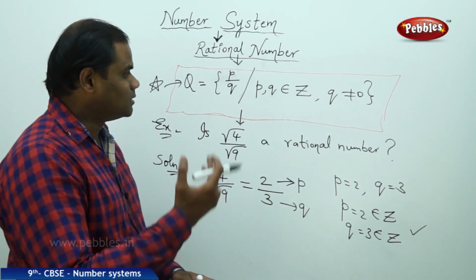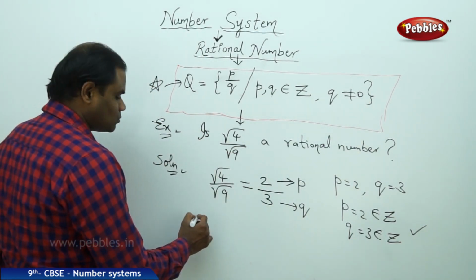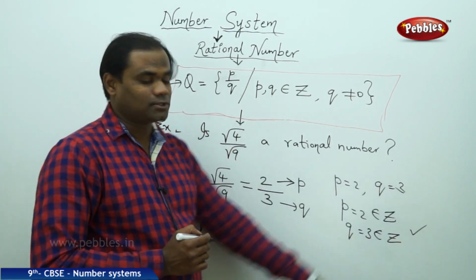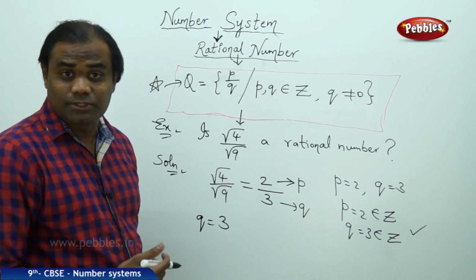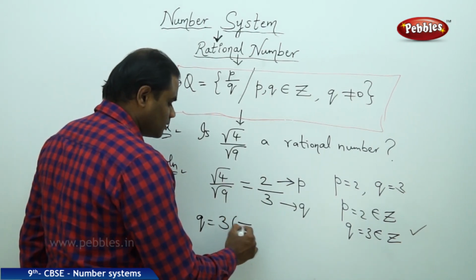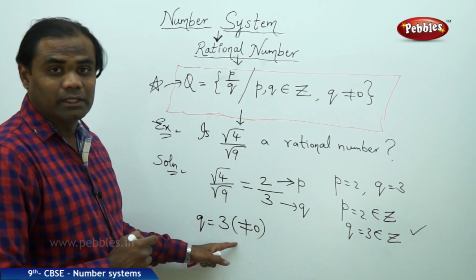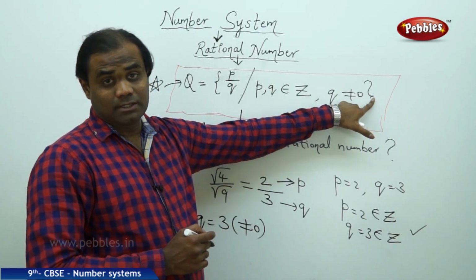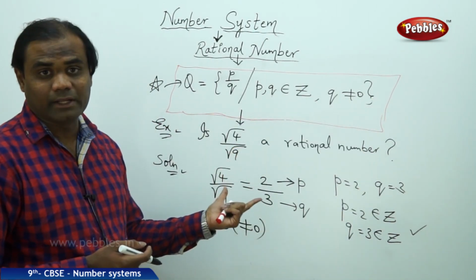Now let's see test number 2. Test number 2 is about Q, where I got my value of Q, which is 3, and 3 is a non-zero number. Therefore this can never be equal to 0, and Q equal to 3, which is not equal to 0, also passes test number 2.